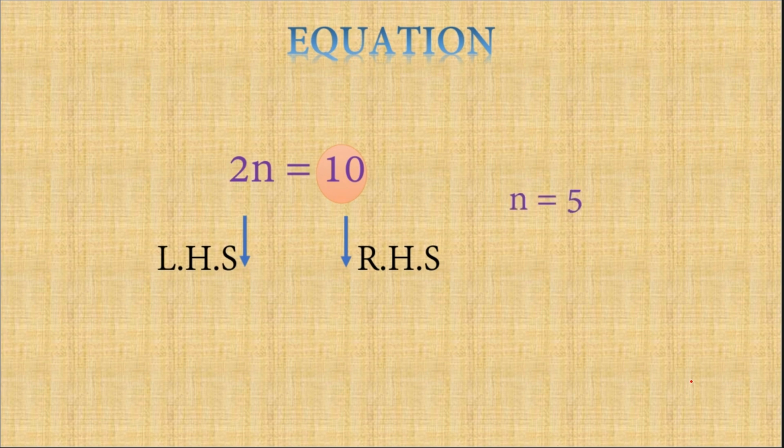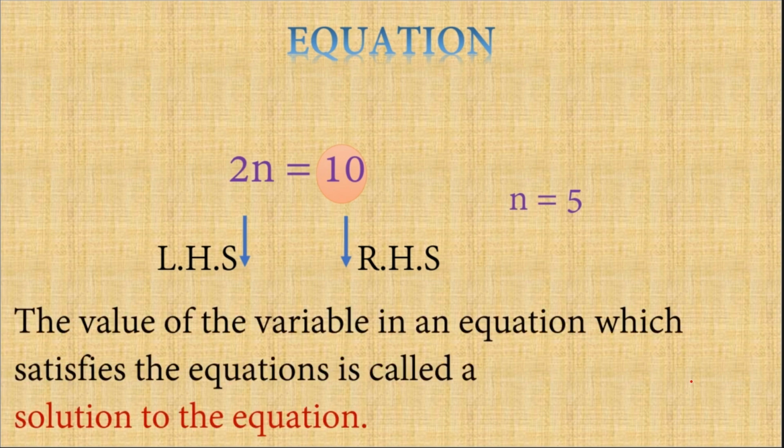On solving this, whatever value of n we get is called a solution. So the value of the variable in an equation which satisfies the equation is called the solution of an equation. So only for 5, this particular equation is true. If we keep any other value here, this can't be true. So that particular 5 is the solution of this equation.